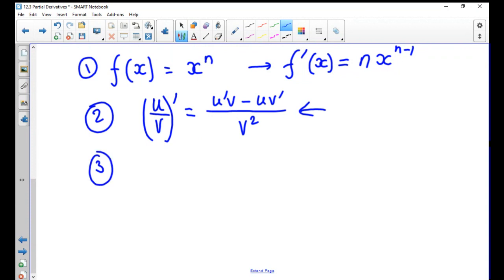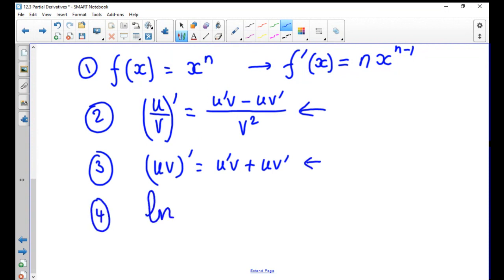We also have what we call the product rule. u multiplied by v. When you take its derivative, it will be u prime v plus u v prime, as you know. This is the product rule. And then you have things like ln of u.